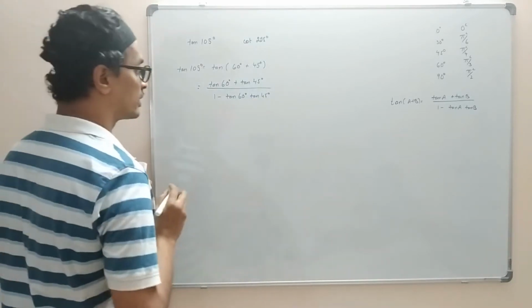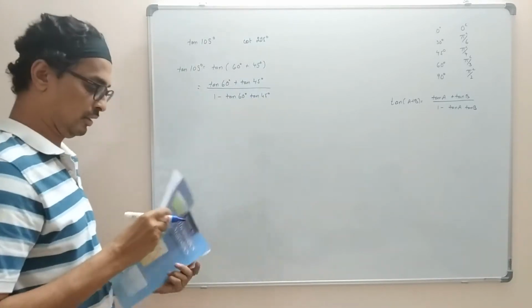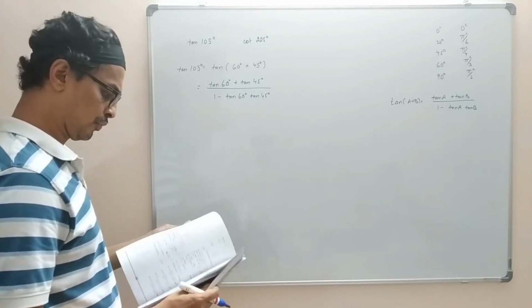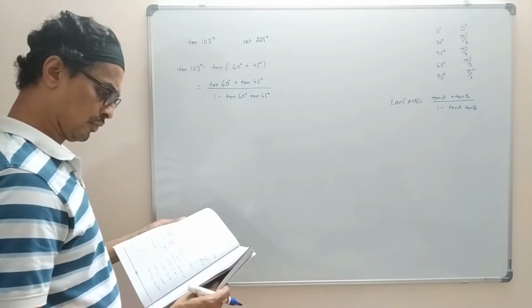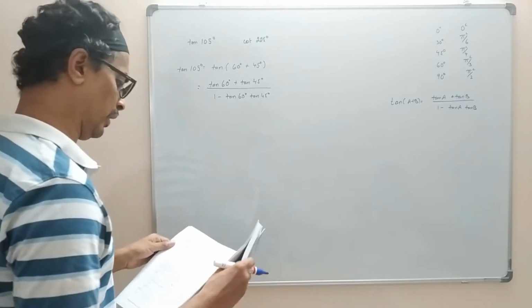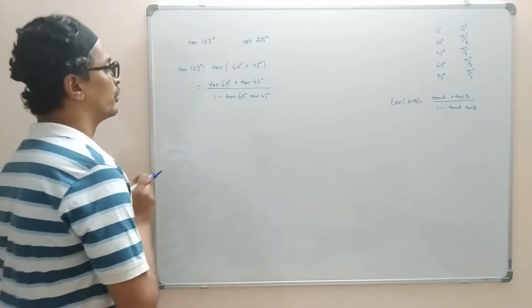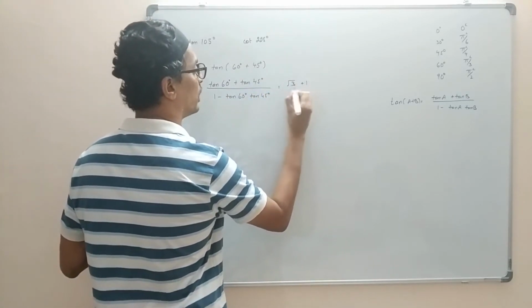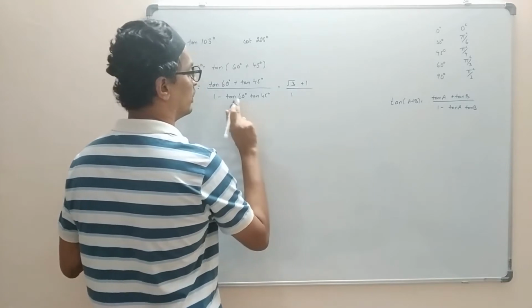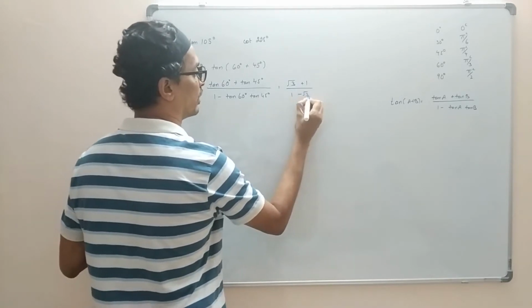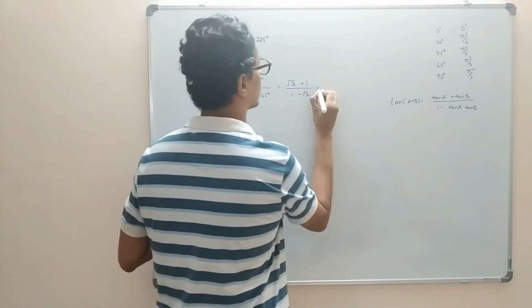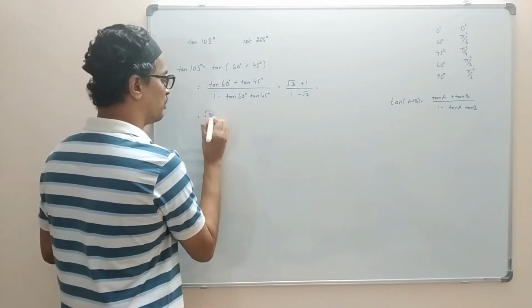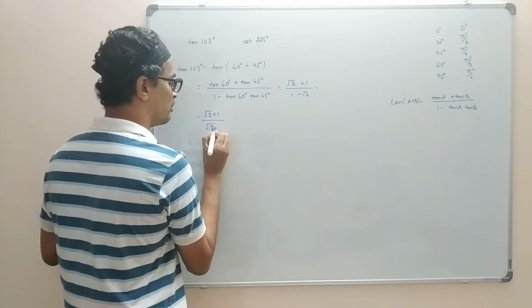So what is tan 60 degree? Root 3, correct. So this is going to be equal to root 3 plus 1 divided by 1 minus root 3. Or you can simplify further.